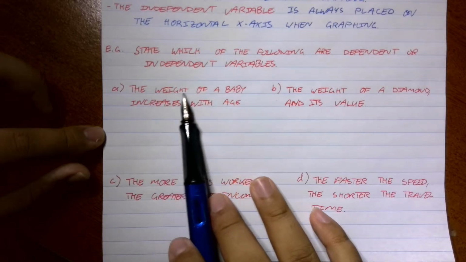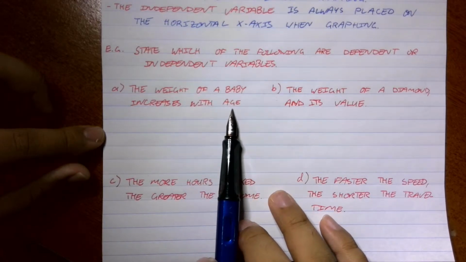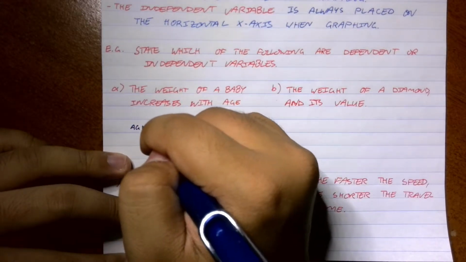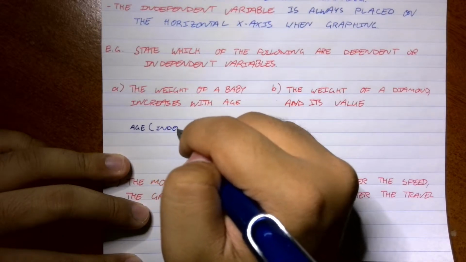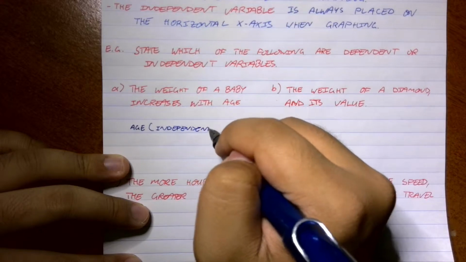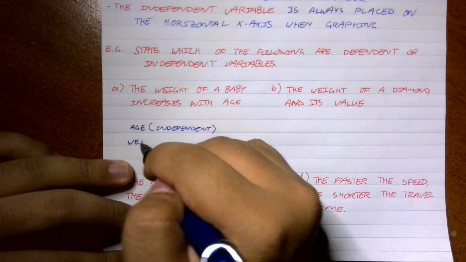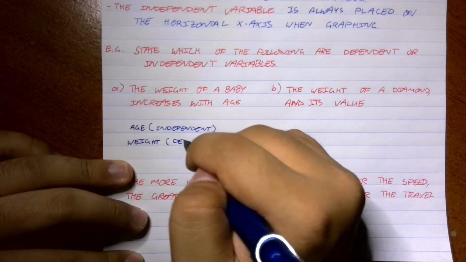So the weight of the baby is being affected by the baby's age, which means we'll write the age as the independent variable, and the weight must be the dependent variable.